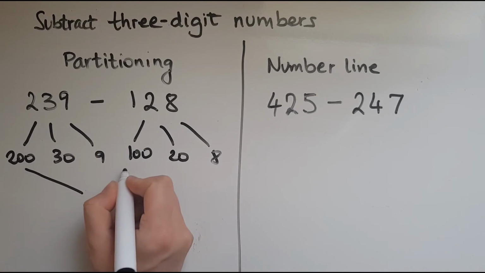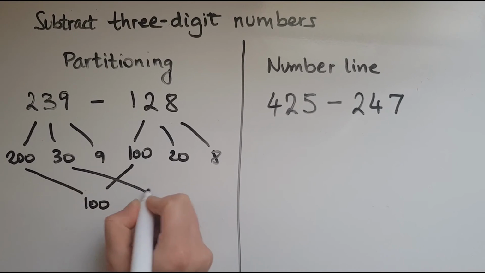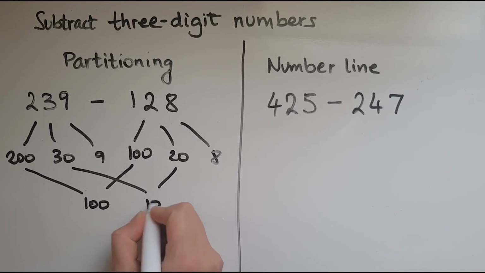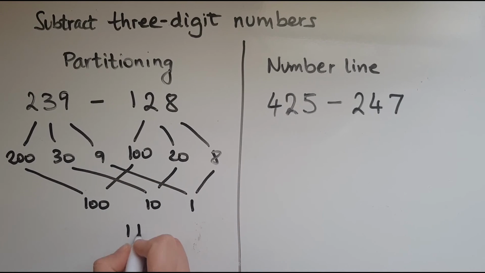Now 200 take away 100 leaves me with 100. 30 take away 20 leaves me with 10. 9 take away 8 leaves me with 1. So the answer is 111. When it comes to numbers where you've got to borrow, this method becomes more complicated. So I wouldn't encourage you to use this method when you have to borrow.